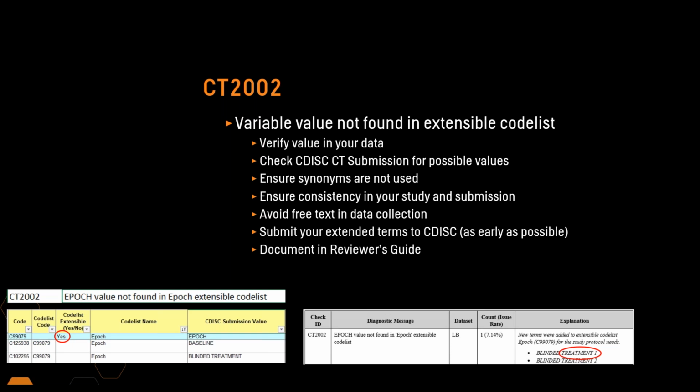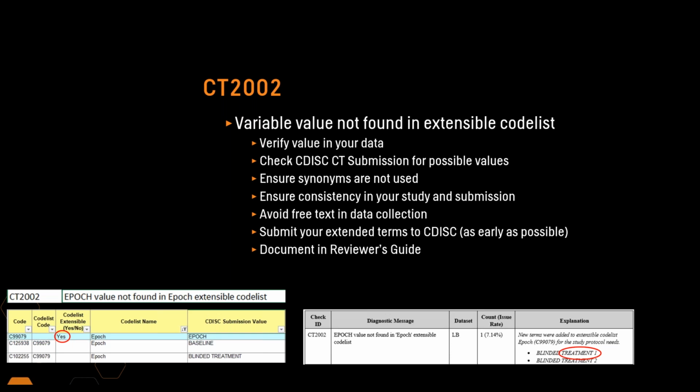So yes, we can extend on this code list if needed. Then we look at the CDISC submission value. There is a submission value close to what we need, but when we looked at the study protocol, it was determined that we couldn't just use blinded treatment, that we actually needed blinded treatment 1 and blinded treatment 2.